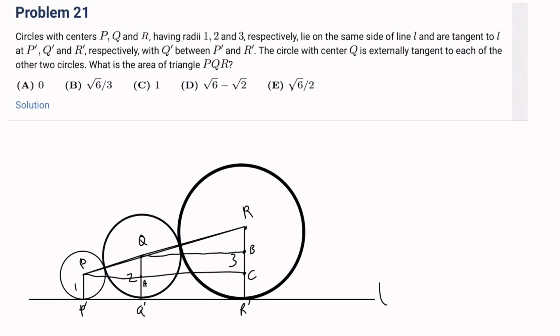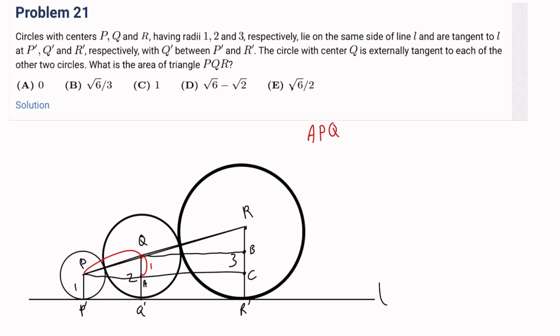So what we have to do now is PQA. So APQ is this triangle right over here, and since this is 1 and this is 3, by the Pythagorean theorem, this length is 2 root 2.